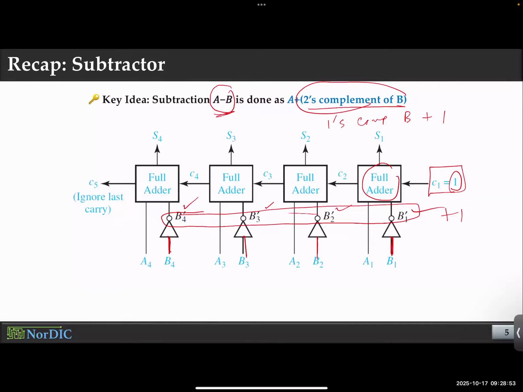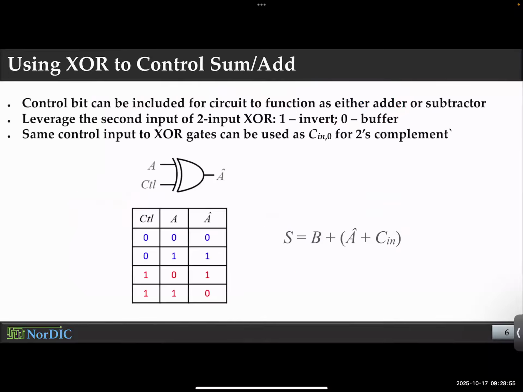Okay, so this is also a recap. Now, this is new. This is not a recap. Just to show you that you could reuse the same hardware. Remember, computer engineering is all about, if possible, reusing components, because the more we reuse, the less area we use up, and that opens up more area for extra features. Okay, extra features. Remember that.